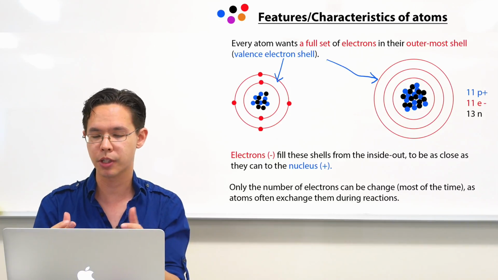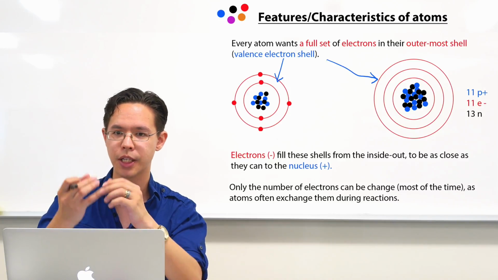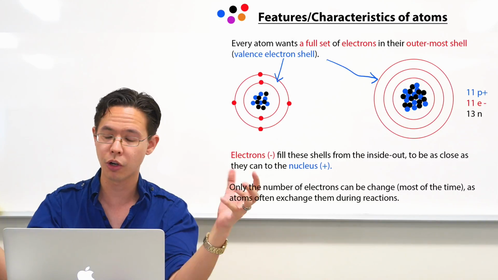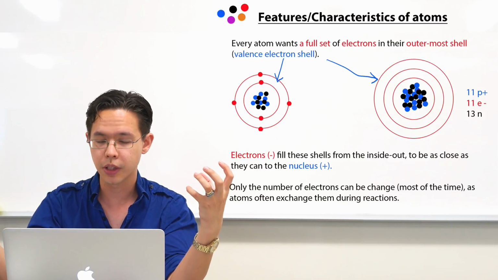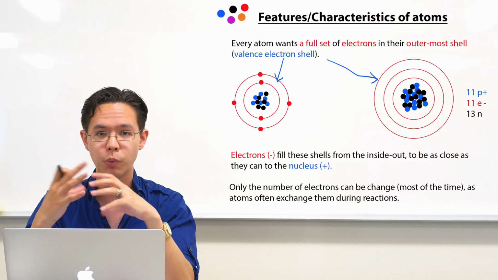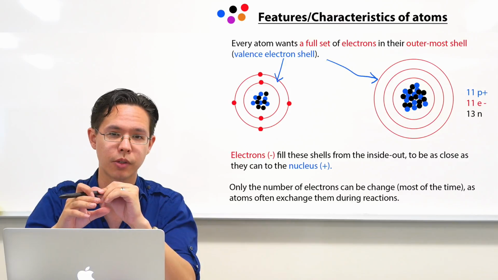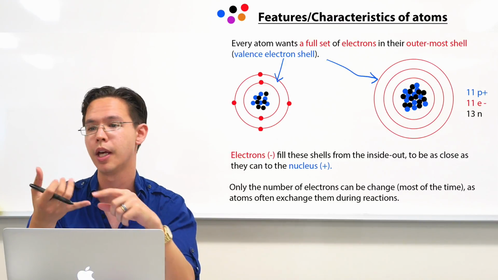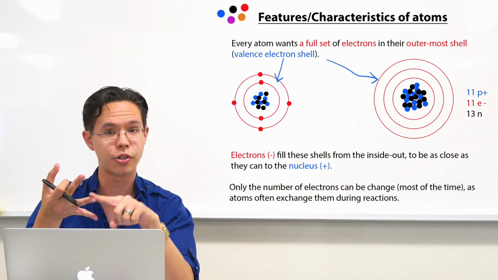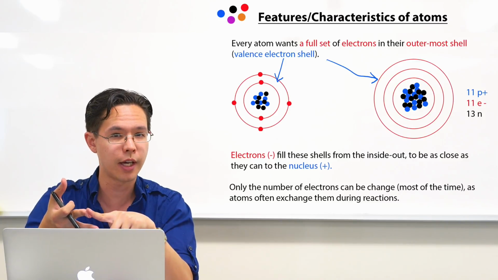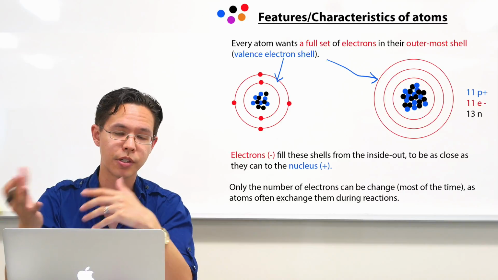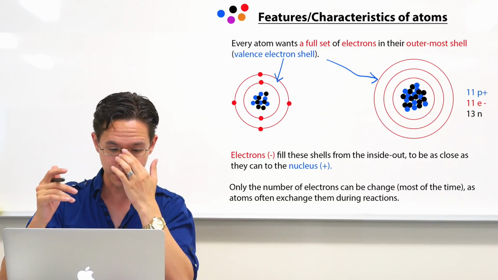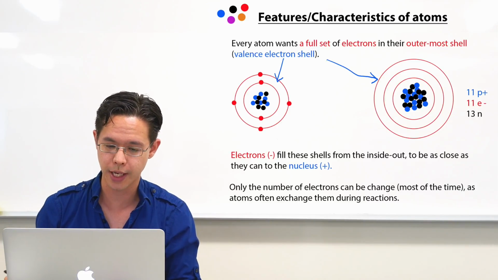And unless you're doing some nuclear chemistry where you're either breaking the nucleus apart or fusing 2 nuclei together, you're not going to change those proton and neutron quantities. But in a general chemical reaction, electrons are often given away or stolen from another atom or even shared. So those quantities of electrons can actually be changed. And that often happens during a chemical reaction.